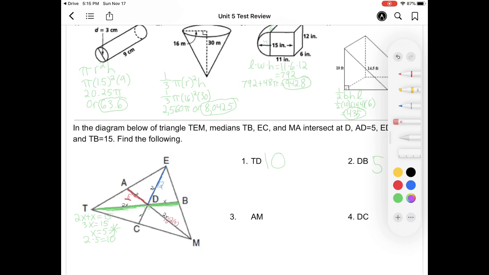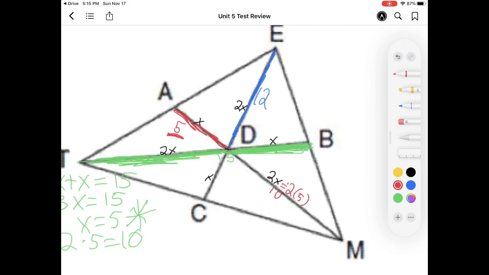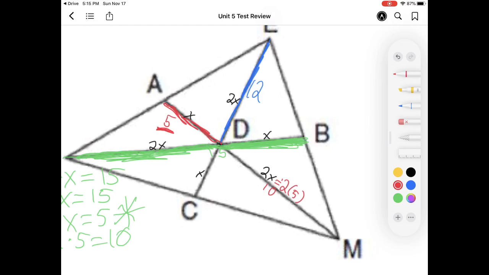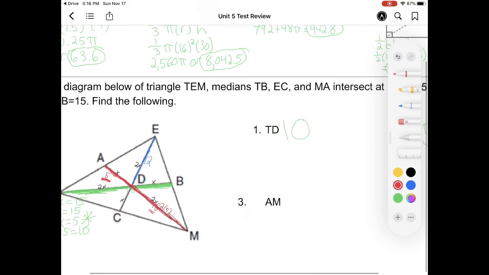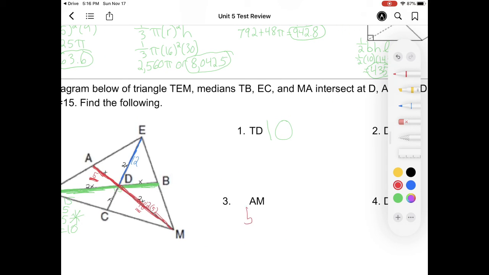Give me a second. So yes, the long side of our red line is 10. But in our problem, we're asked for AM. AM is the whole line. Our whole line is our 10 plus our 5. So we are actually going to get 5 plus 10, which gives us 15 as our answer.